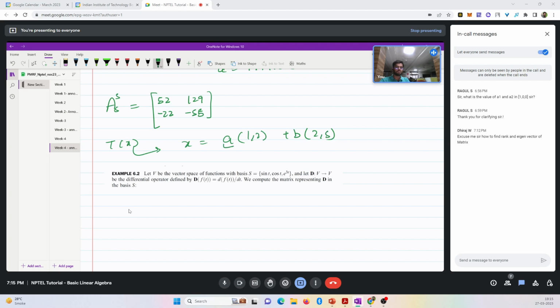And then if you obtain a vector, let's say x tilde equal to a comma b after you have solved, then you can multiply this by vector a comma b to obtain T of x. Okay, now when we had standard basis, then it was quite easy. We could have directly used the same vector, because any x comma y is obviously x of e1 plus y of e2. Okay.